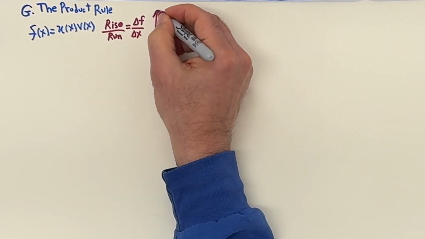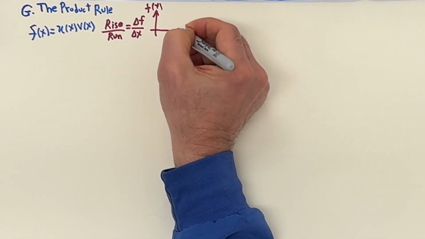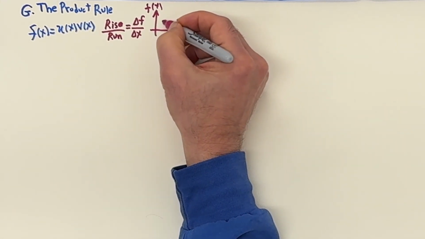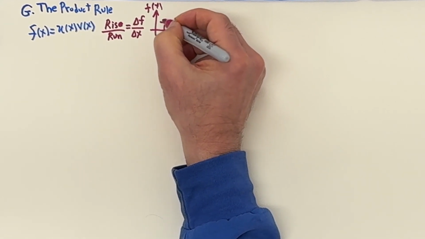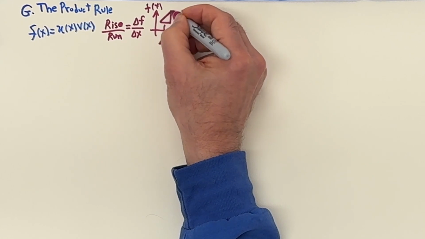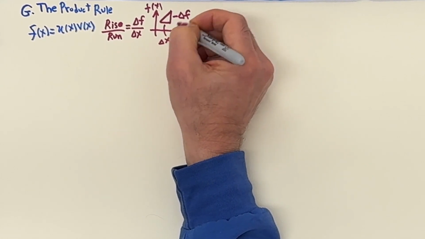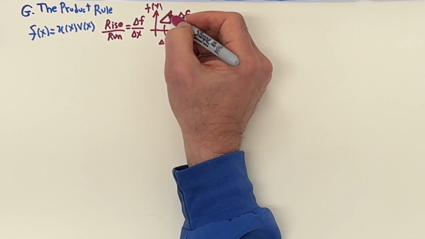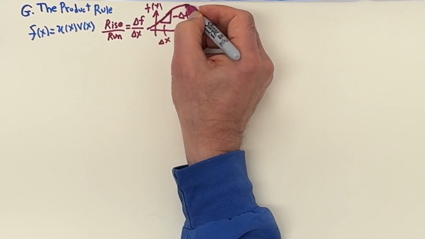So if you think of this as f of x and x, we have some delta x here, and let's say here is our rise, delta f and delta x. The function, say something like that.